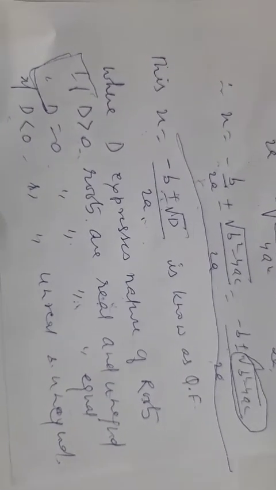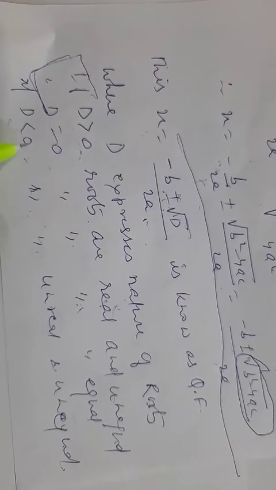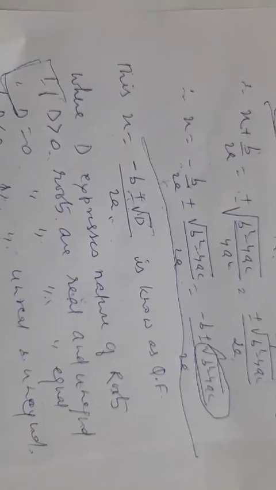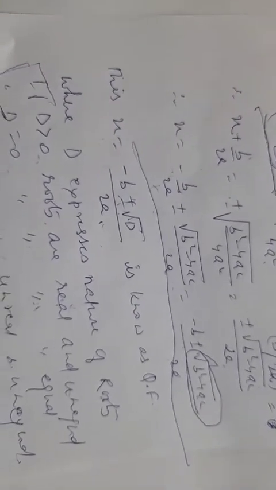When it is less than 0, you can simply give a remark that since D is less than 0, the roots are not possible in the set of real numbers. Or you can say that roots are unreal. Your work will be done, because you have to study unreal or imaginary numbers later.